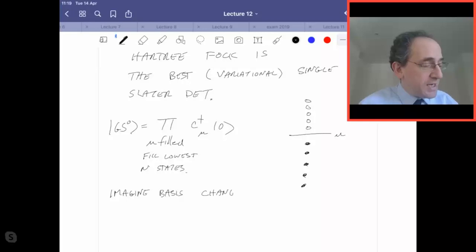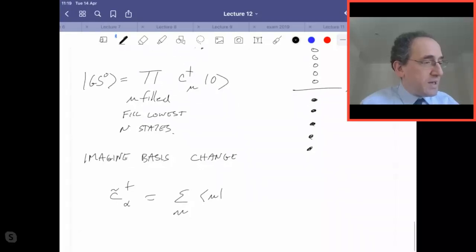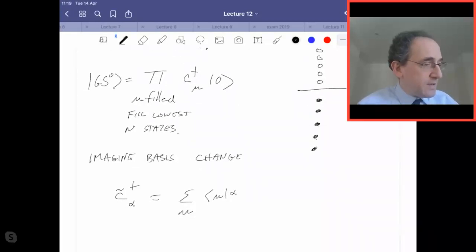And the basis change, we'll write our C dagger alpha, A dagger like this, it will be a sum over mu, exactly the same way we always change basis, of U alpha mu C dagger mu, and we can write that as a unitary matrix U alpha mu C dagger mu with the sum over mu implied.